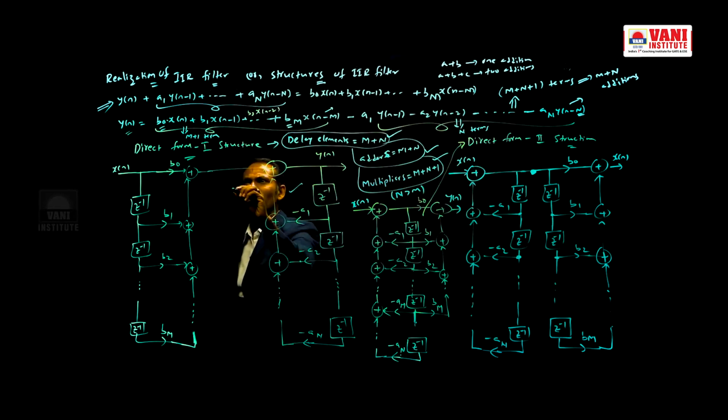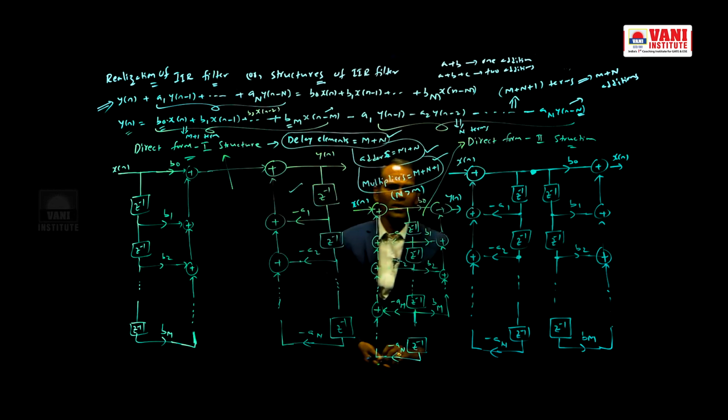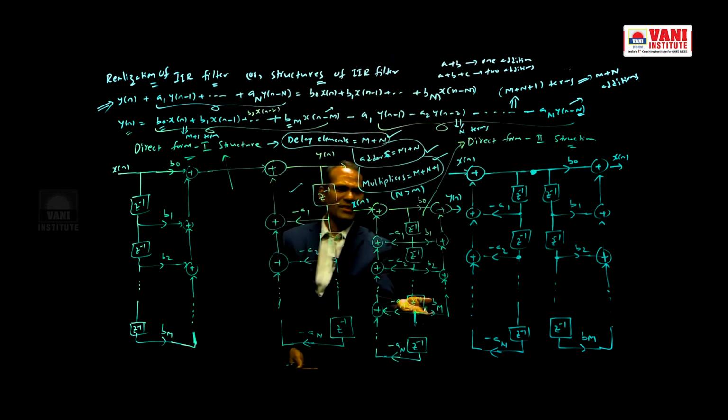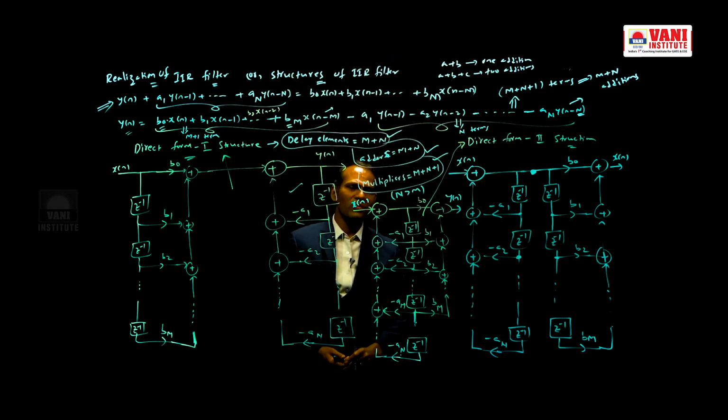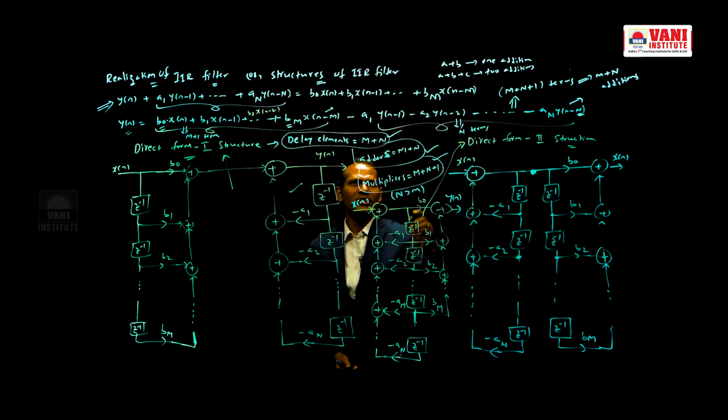This one is called direct form 1 and this one is called direct form 2. The major difference between this one and this one is that the number of delays are reduced. The reason is we are using a common delay element. So, that is why the number of delay elements are reduced. Remaining are same as before. That is, adders are same, multipliers are same, but delay elements will be reduced.